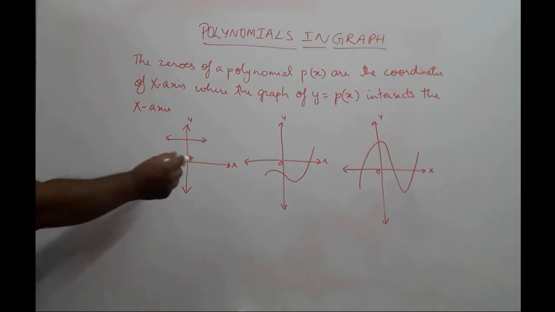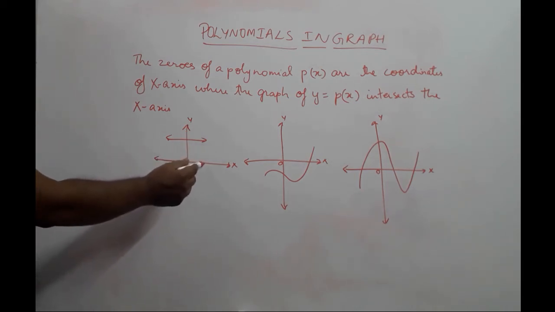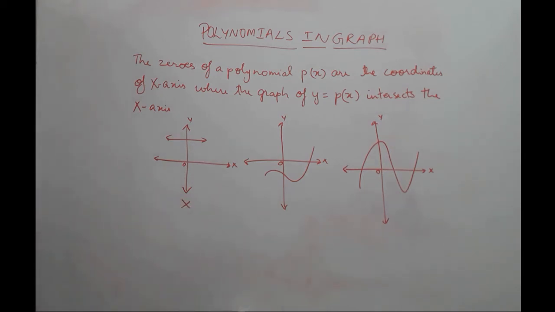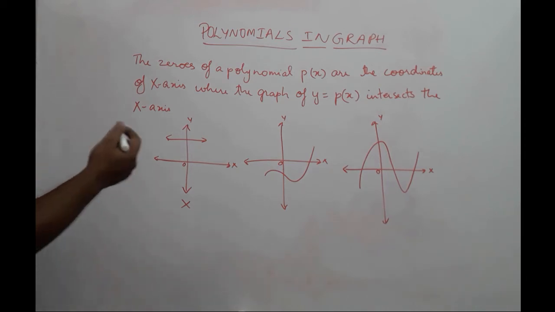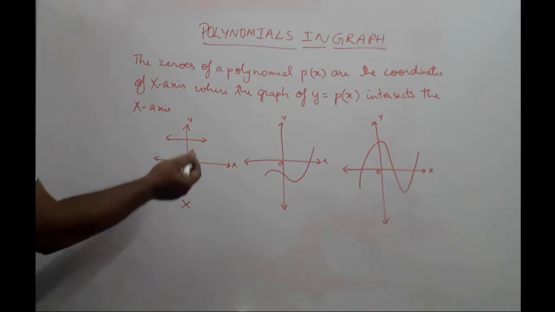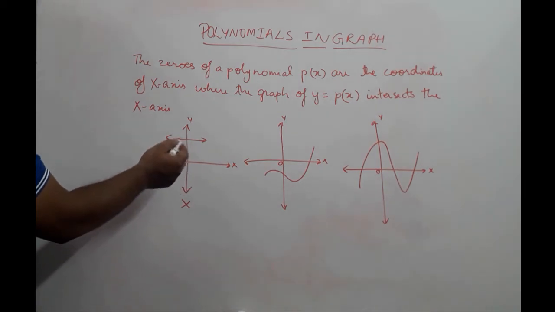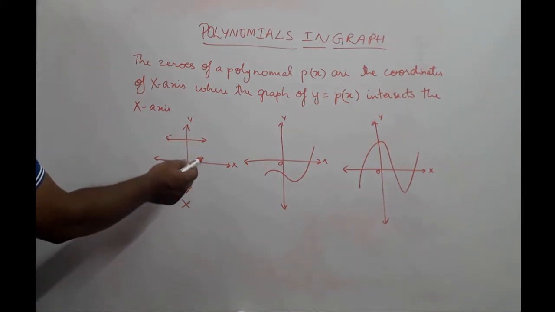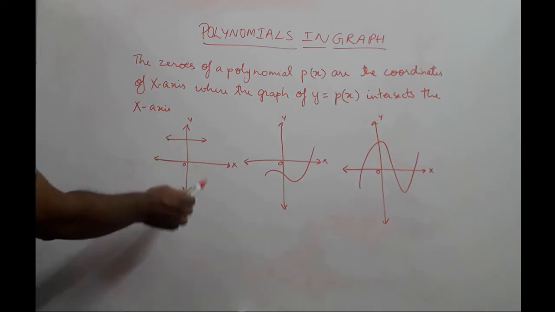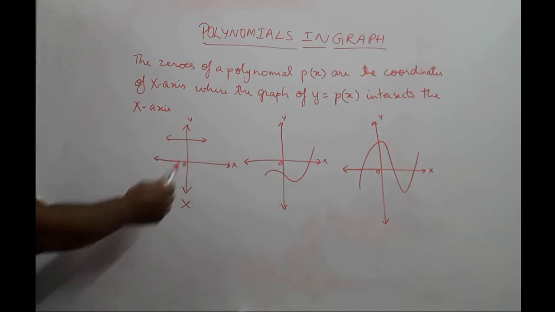It does not intersect the x-axis. That means this will have no zeros. In order to have a zero of a polynomial p of x, this line should cross at least at one point on the x-axis, but this is not crossing. This is only crossing the y-axis.